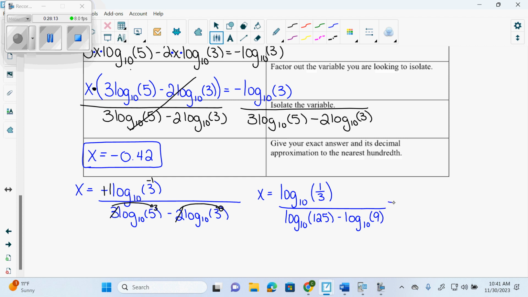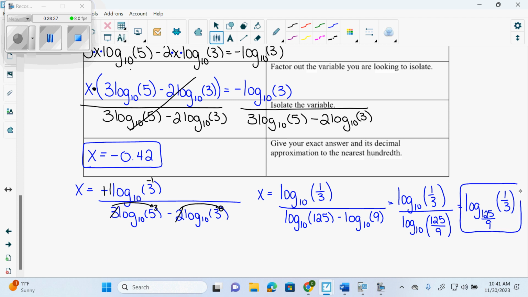Then I can put them together. I get log base 10 of a third over log base 10 of 125 over 9. And I rewrite that as log base 125 over 9 of a third. So this is an exact value.